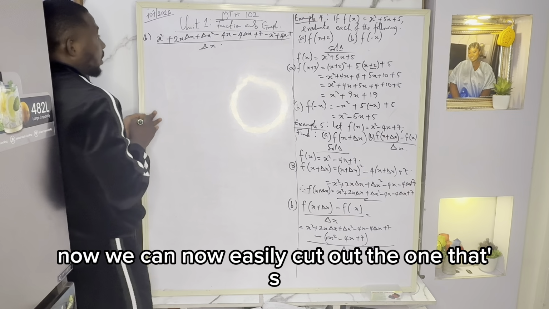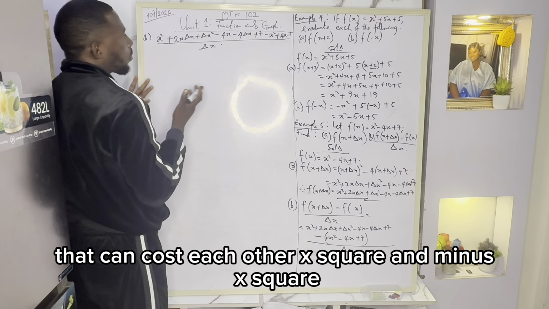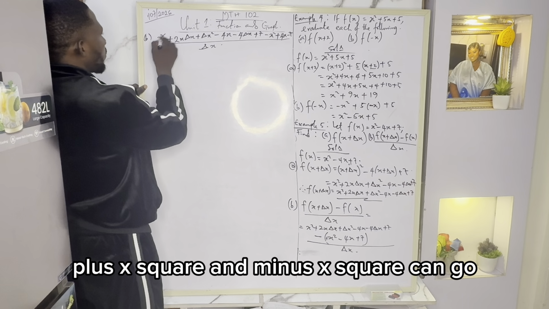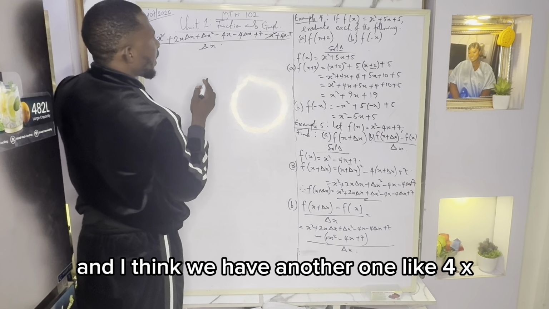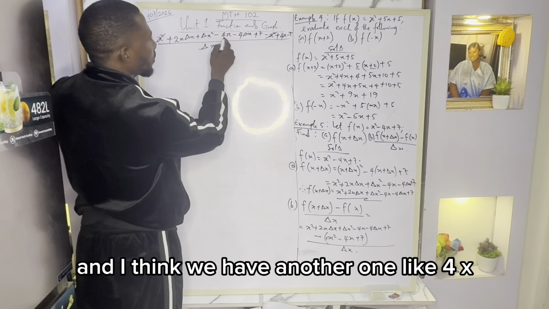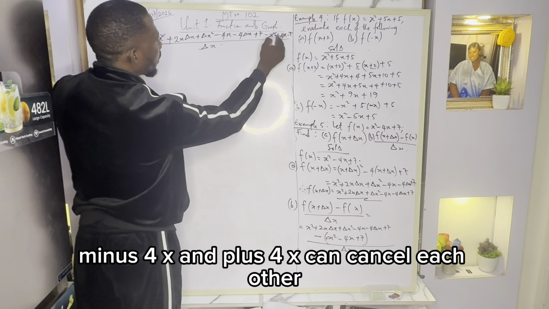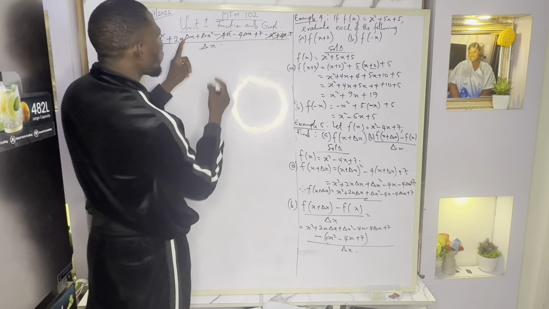Now from here we can easily cancel the terms that cancel each other. x squared and minus x squared can cancel each other. We have another one: minus 4x and plus 4x can cancel each other because it will give us 0.